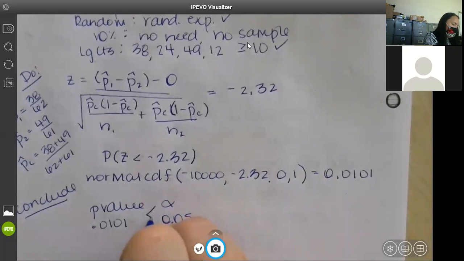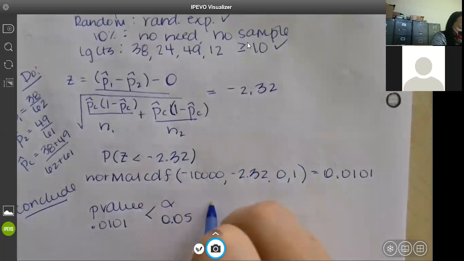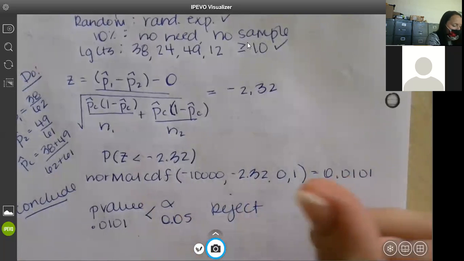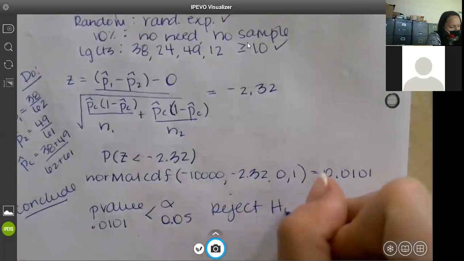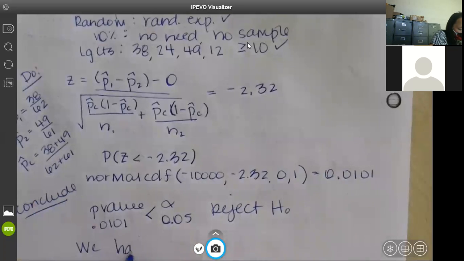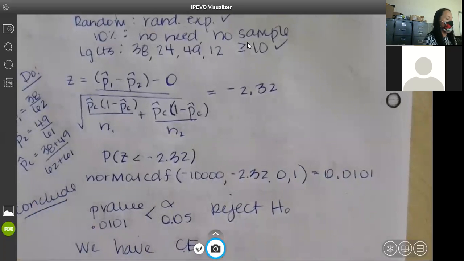Why? Yeah, it's less than, so reject. What if the alpha was 0.01? Yeah, we would fail to reject. So that's where those type 1 and type 2 errors come in. All right, so reject H sub 0 means we have convincing evidence that preschool reduces the later need for social services.